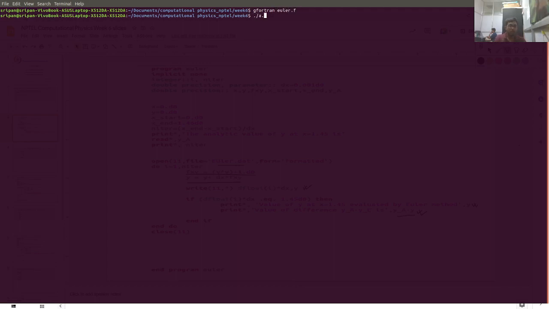It will compile, and then I will run ./a.out, and I have to give the value which I am getting analytically for x equals 1.45, which as per the question is 8.23809.